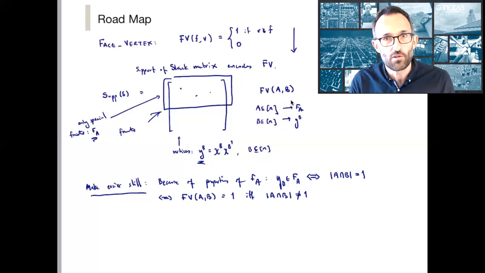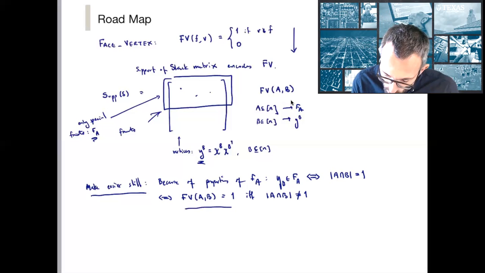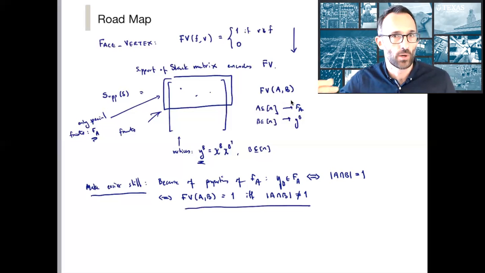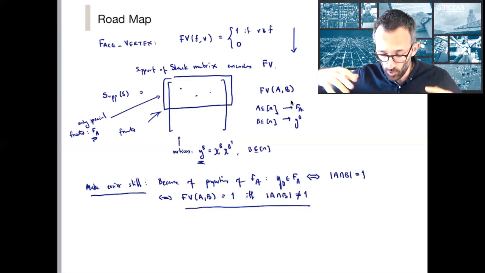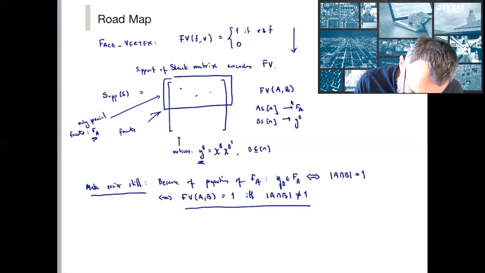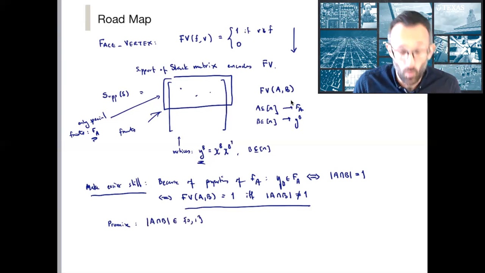So we're going to make this easier by promising Alice and Bob that we are only going to give them A's and B's that have intersection either 0 or 1. So the task, as I wrote it here, would be for Alice and Bob to jointly determine whether A and B have intersection different from 1. But we're going to make this easier by giving side information that the intersection of A and B is only going to be either 0 or 1.